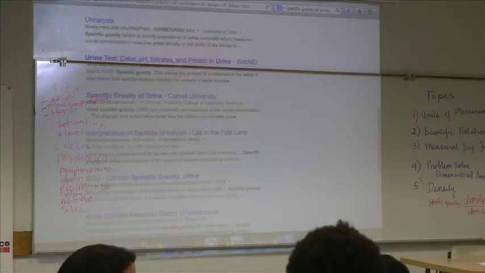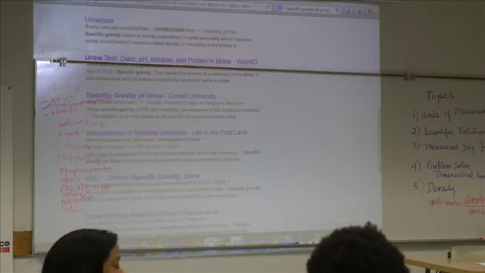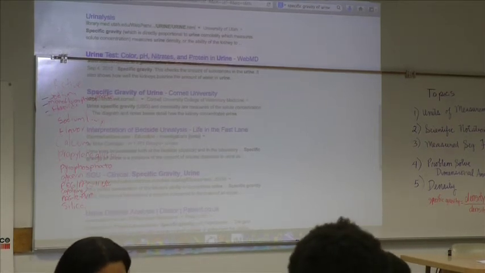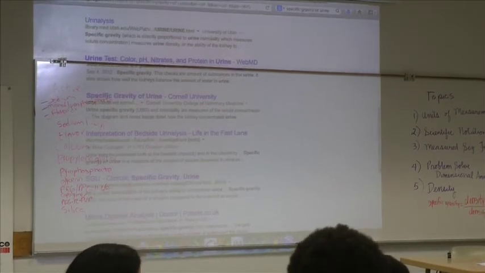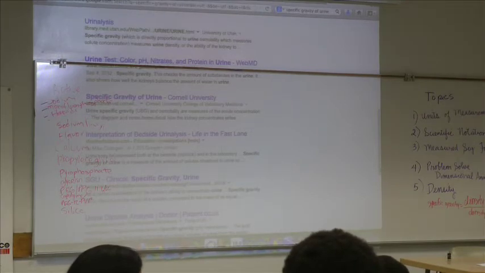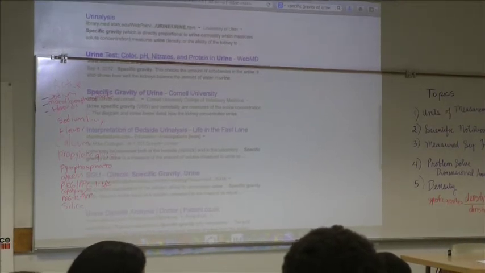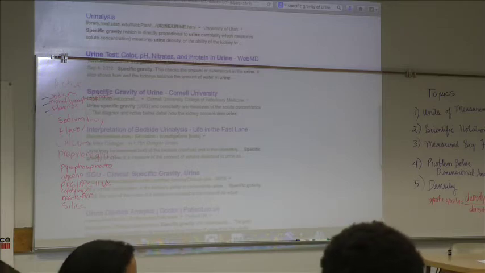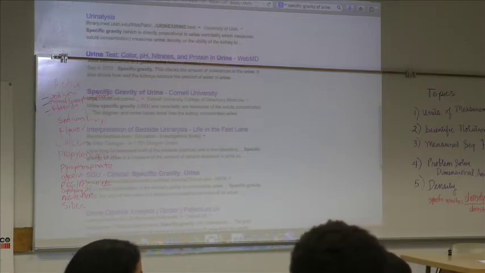Specific gravity is the density of the sample over the density of water. So in other words, what was the density of osmium that you found, Jennifer? 22 point something, right? So what would be the specific gravity?